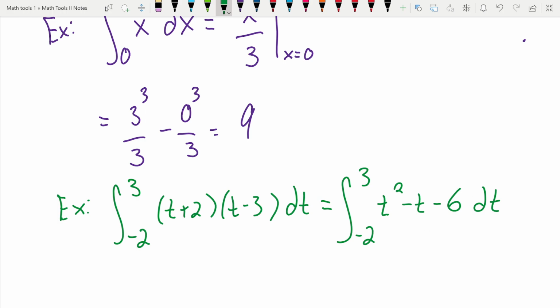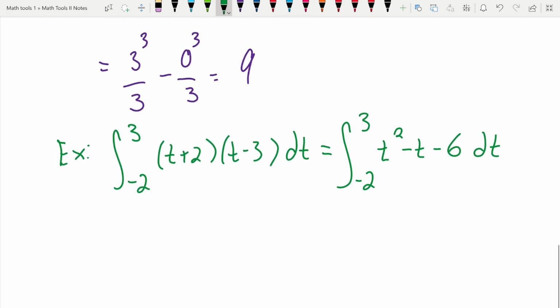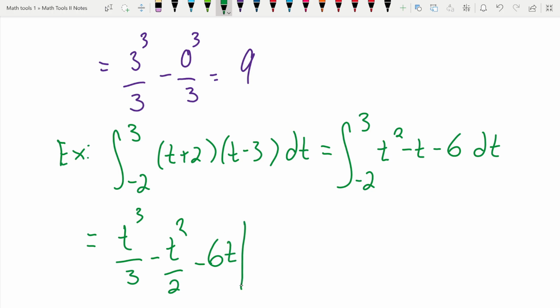And now when it's just addition or subtraction, we can break that up. So we can do it all on one line. We don't have to write it all out separately. So this is going to be t cubed over 3 minus t squared over 2 minus 6t. And then these will all be evaluated from t equals -2 to t equals 3.